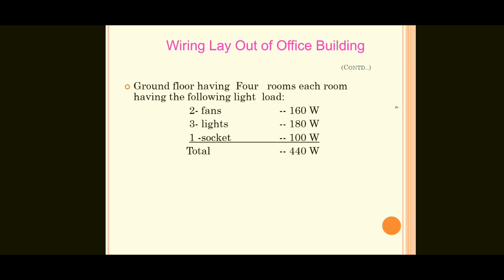Total 440 watts. The total light load in the ground floor, 4 into 440, is equal to 1760 watts.